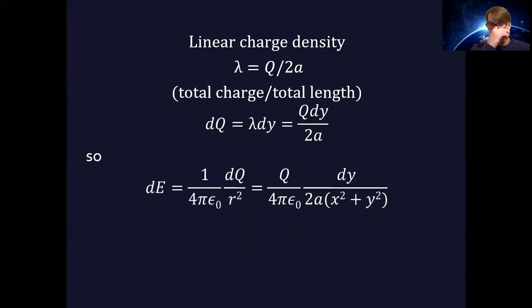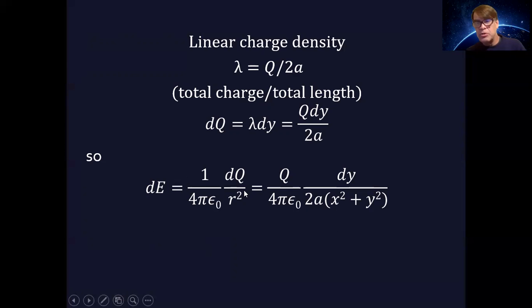We know this formula from the previous examples: if E equals q over r squared, then dE equals dq over r squared. This is what the field formula is.